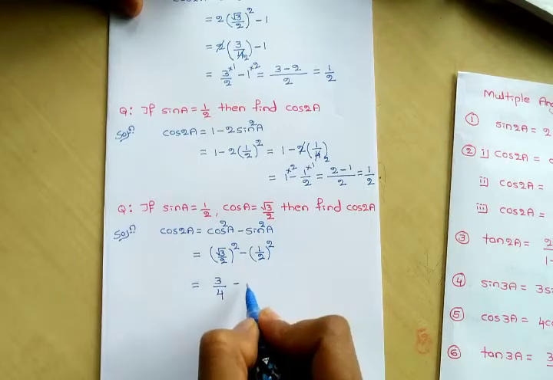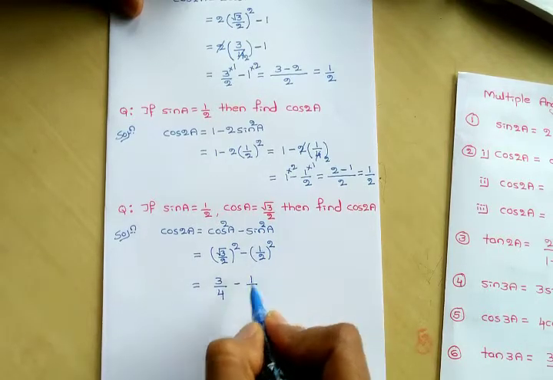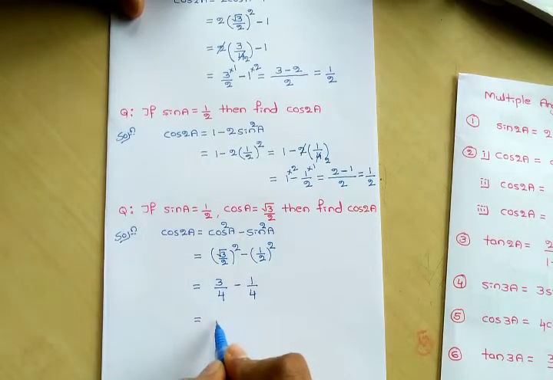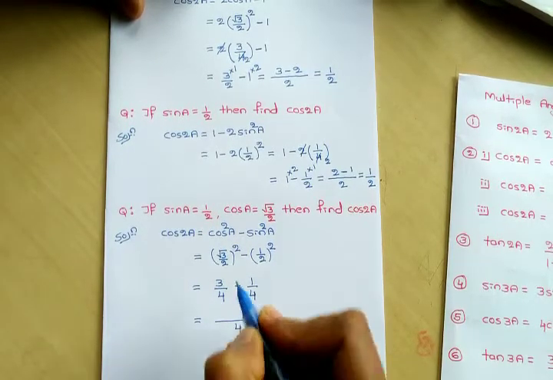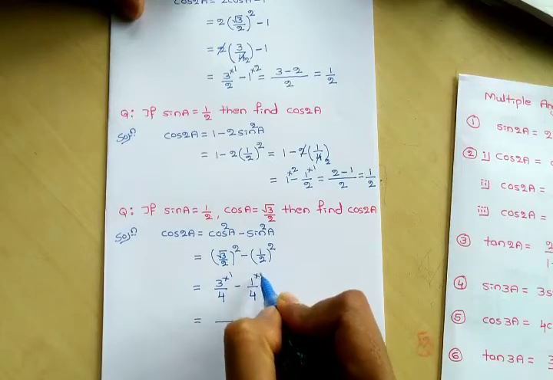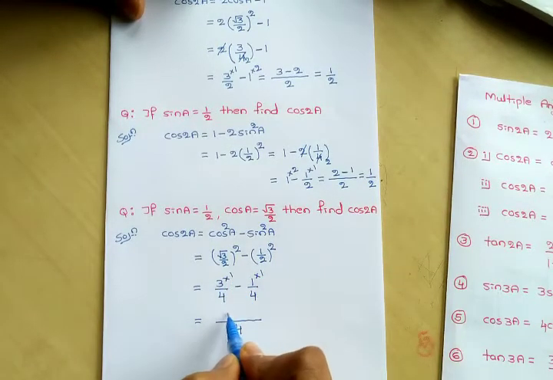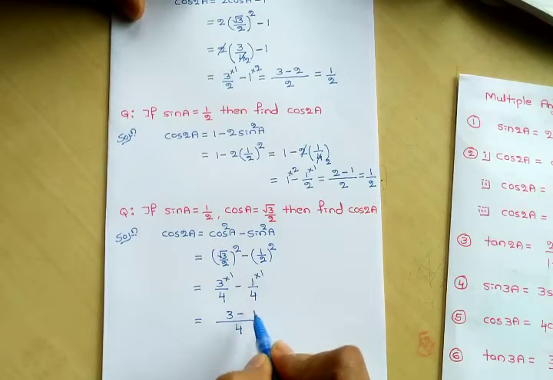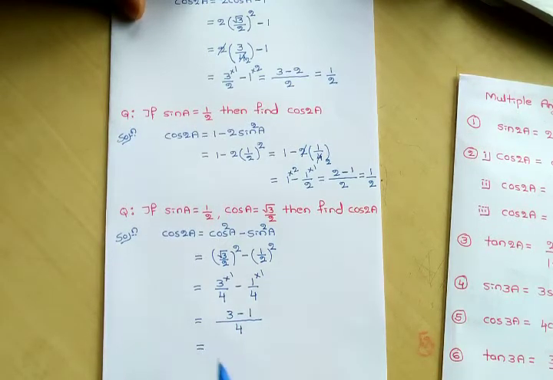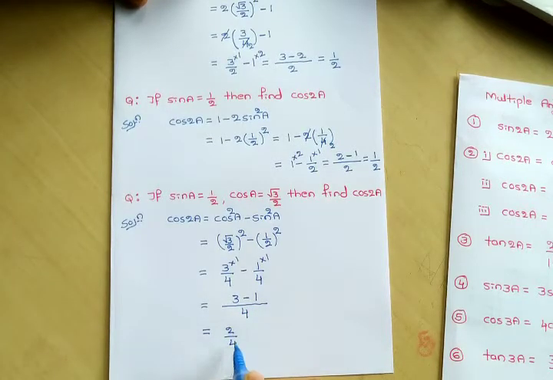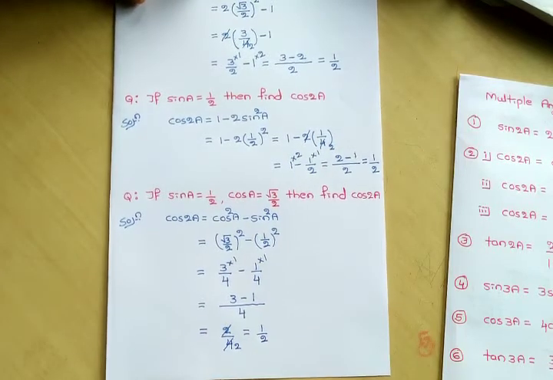Minus 1 square is 1 divided by 2 square is how much here? 4. So again take the LCM. So LCM is 4. So multiply here both the value by what? 1 only. So 3 into 1 is 3 minus 1 into 1 is 1. So which is equals to, so 3 minus 1 is how much? 2 divided by 4. You can cancel here. What is the final answer? 1 divided by 2.